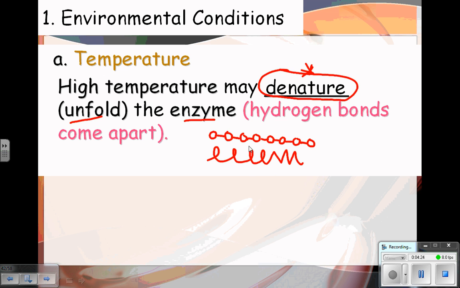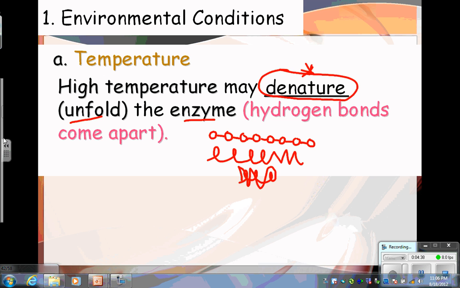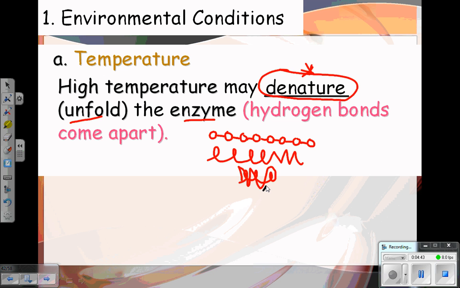And then if this folds over on top of that, you might get something that looks like this. That would be the tertiary shape. And then if you have this with another one, that would be the quaternary shape. So anyway, the shape of the enzyme is really important because let's say that the active site is right here. That actually came from a little bit here and a little bit here.